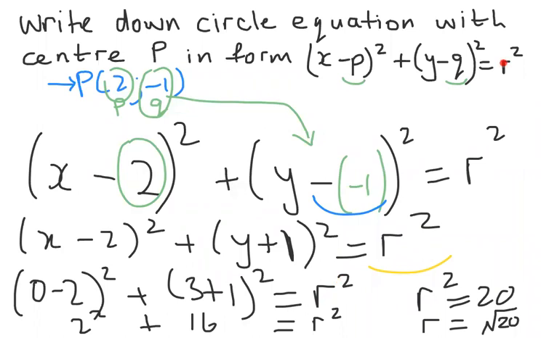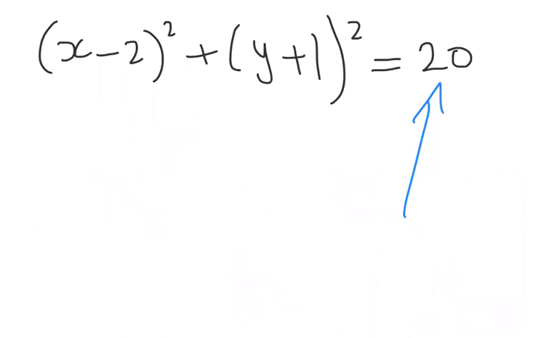And if you look here on top also, you have r squared. So at the end of the day, we want to work out what is r squared, and that is going to be in the formula. And this r squared was 20. And that 20 is what we put over there. So this over here will be the final circle's formula, or the final formula of the circle.